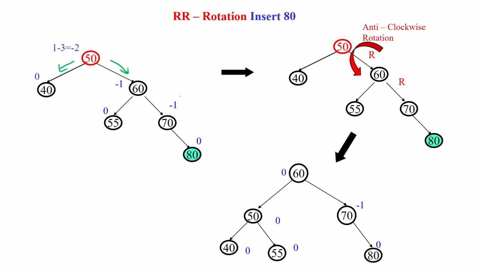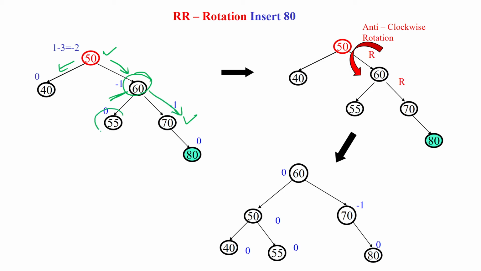When you perform the anti-clockwise rotation, 60 will become the parent. When 60 becomes the parent, it will get two children: 50 is one child, 70 is one child. So 50 will become the left child of the 60, and 70 is as usual the right child.